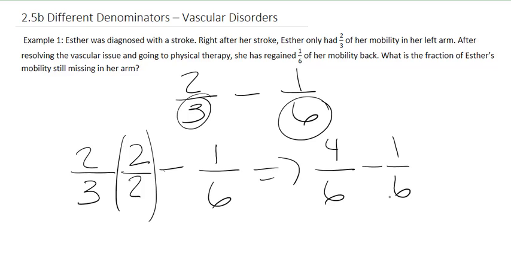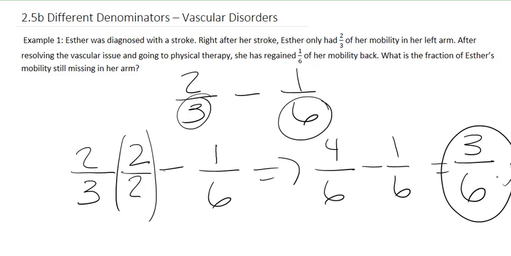Now we can actually subtract this problem because we have the common denominators. So 4 minus 1 is 3, and we keep the denominator, so it's 6. So 3/6. But we could actually reduce.